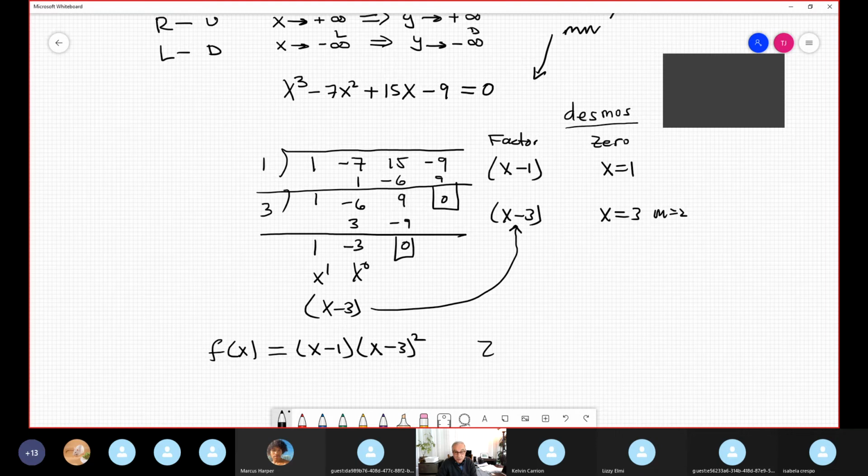And what are the zeros? The zeros of this polynomial are x equals 1, multiplicity 1, crosses the axis, and x equals 3, multiplicity 2, and touches the axis. Fantastic. Yes or no?